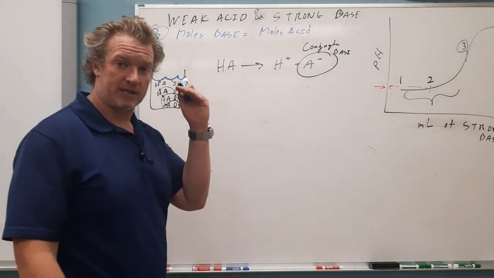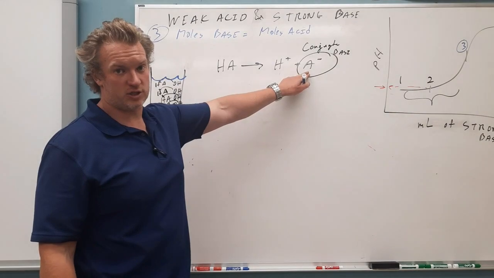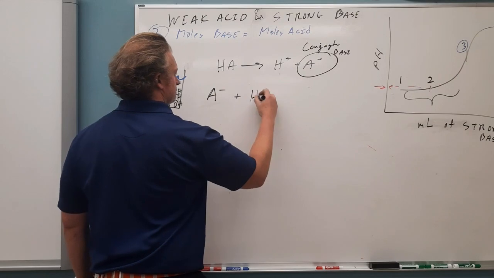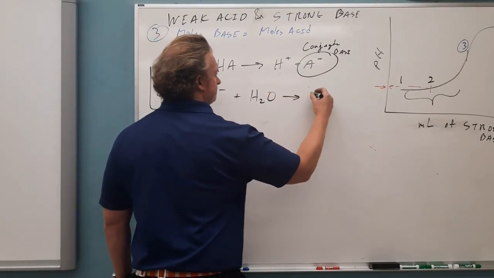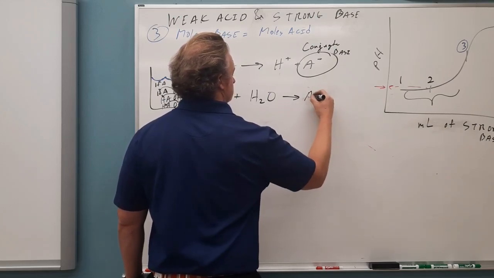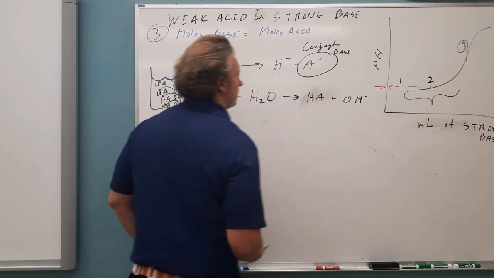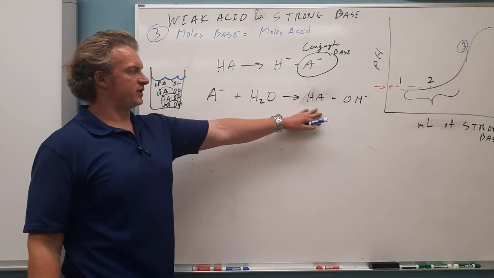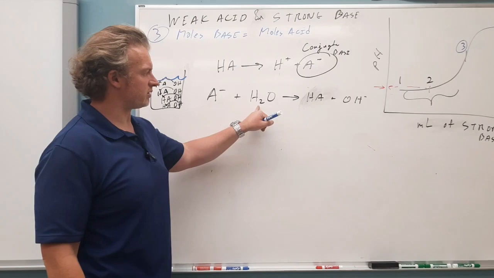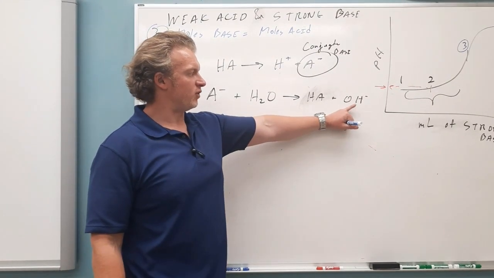How do you calculate exactly what that pH is going to be? We need to look at this equation, what this molecule is doing. This formula here is meant to represent the conjugate base taking available water molecule protons to form the acid and to form this base right here.